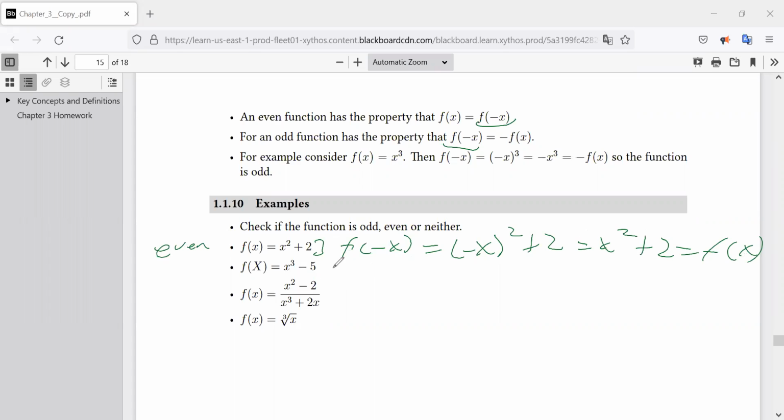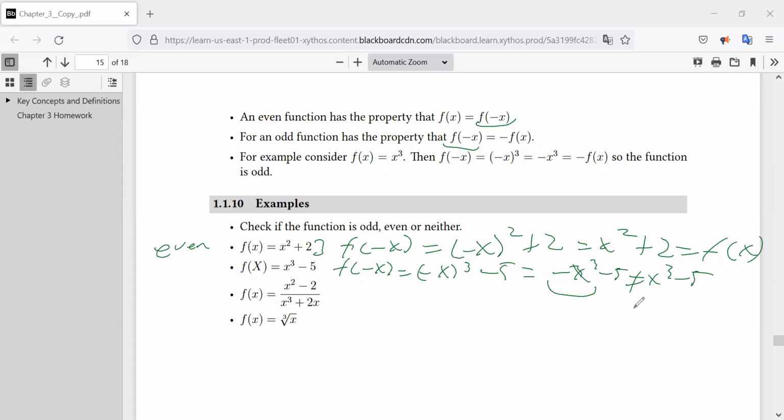I can do the same thing right here. I can do f of negative x. It's going to be equal to negative x cubed minus 5, which is not equal to x cubed minus 5, right?